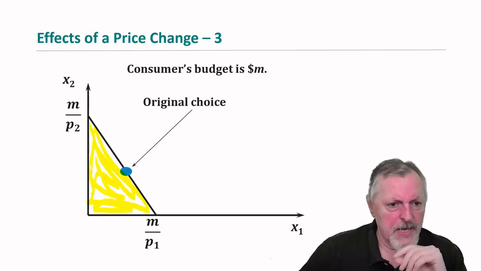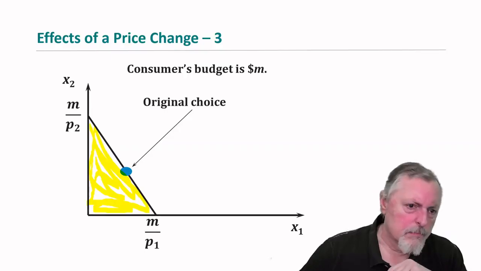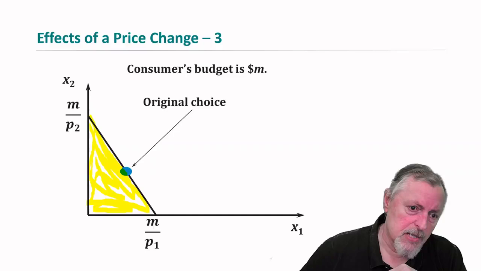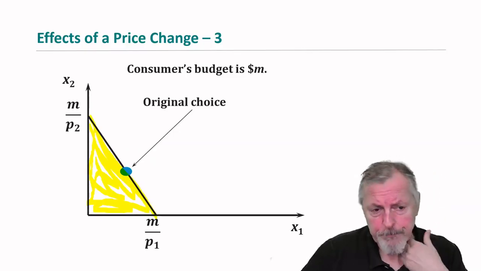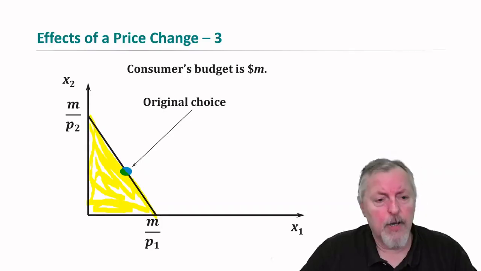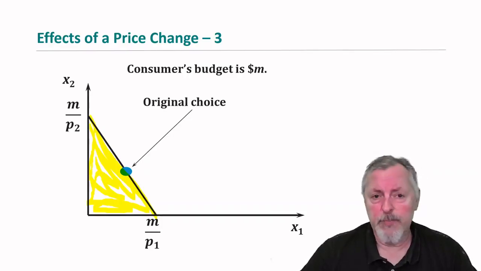So this yellow area is, and again I want to emphasize that includes the line itself. This is what we call the budget set. This is the set of all consumption bundles this person can buy.